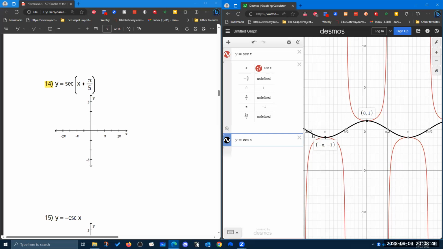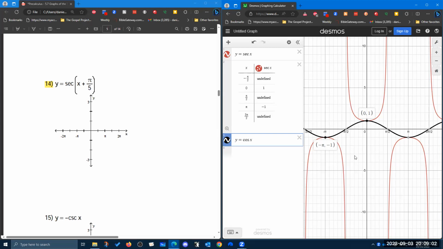When I take the reciprocal of something between 0 and negative 1, it's going to be less than negative 1. So that might be helpful for you to see.